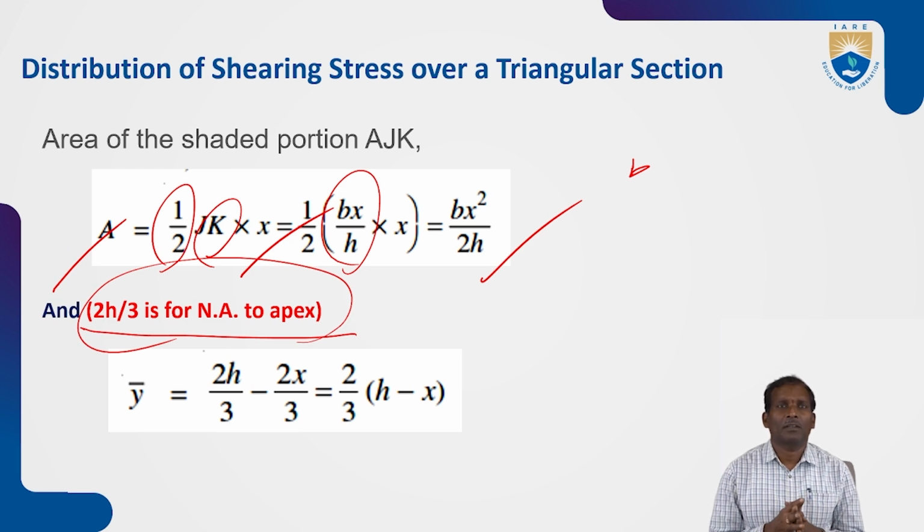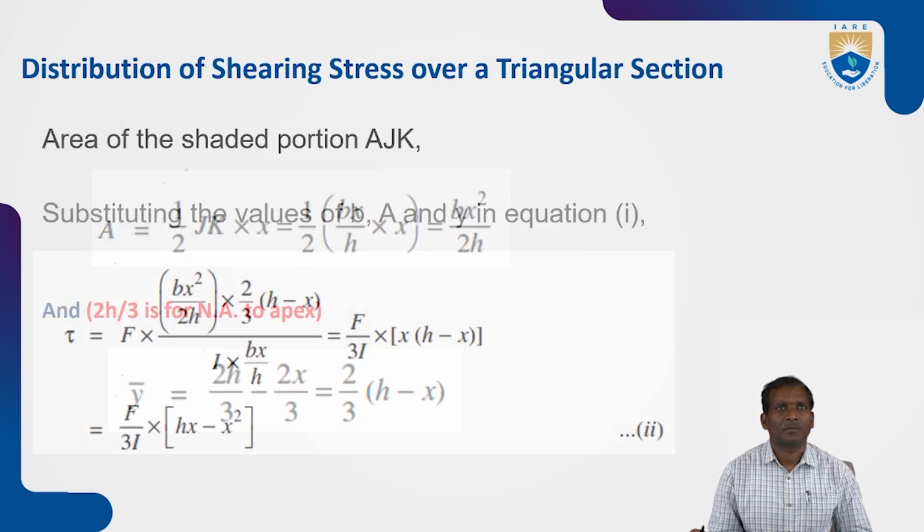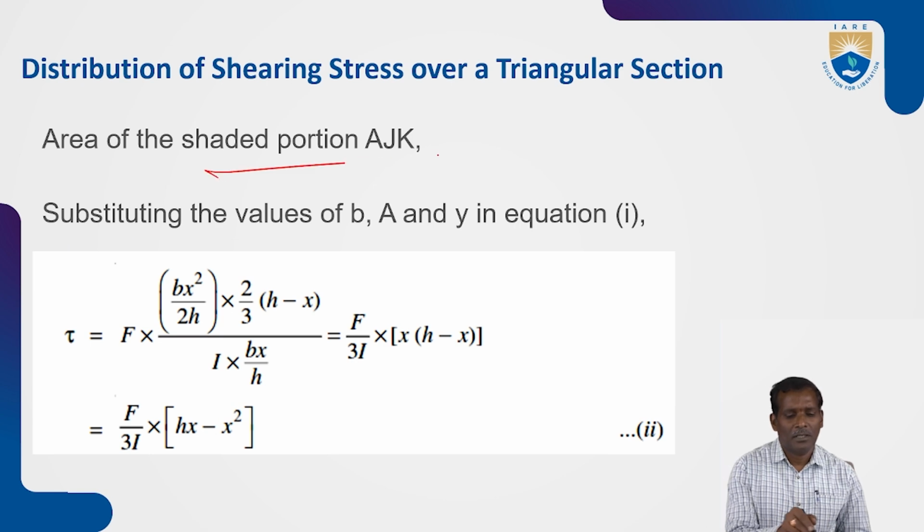So the y bar is 2H by 3 minus 2x by 3. So we will get 2 by 3 into H minus x. This is the area of the shaded portion AJK.